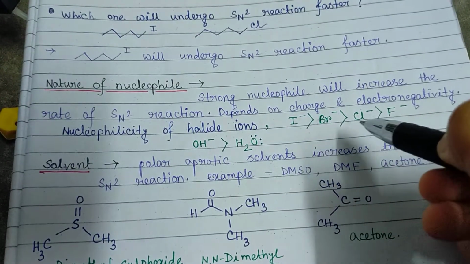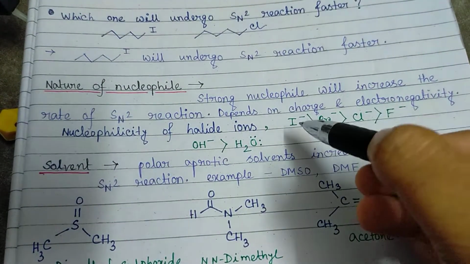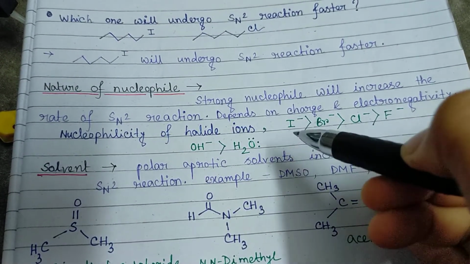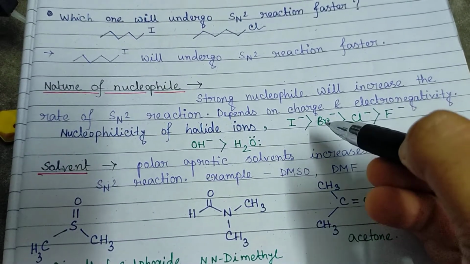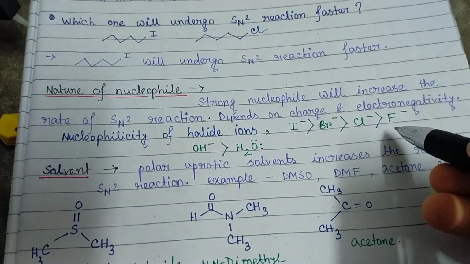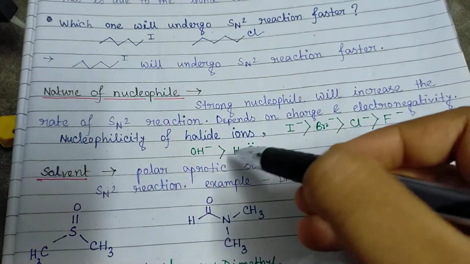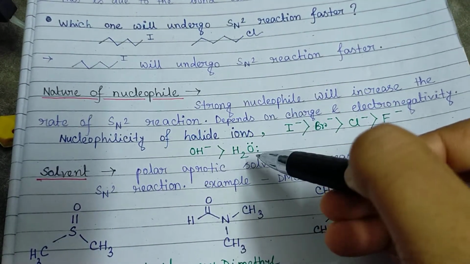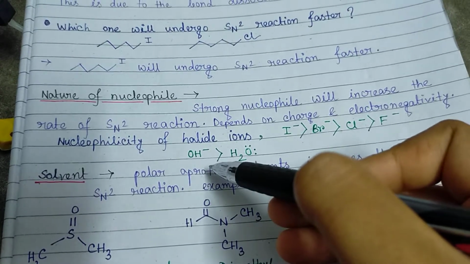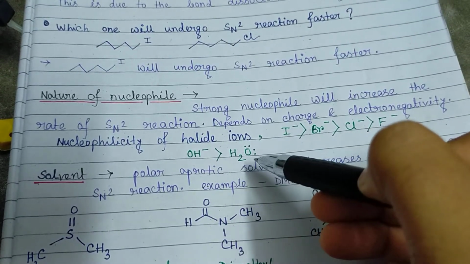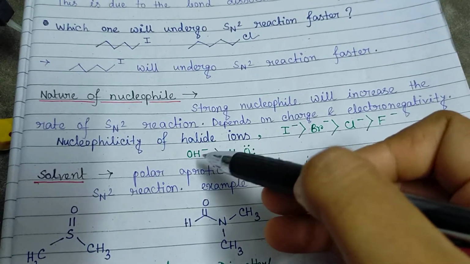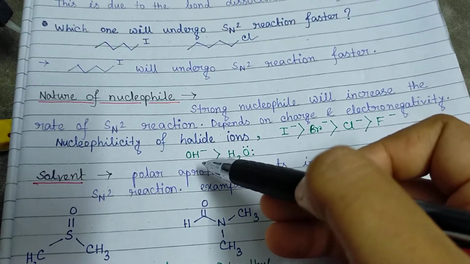Among the halide ions, I minus is the most reactive nucleophile, then Br minus, then Cl minus and then F minus. Also, between OH minus and a water molecule, OH minus has higher nucleophilicity than H2O due to the negative charge present on the OH minus ion.